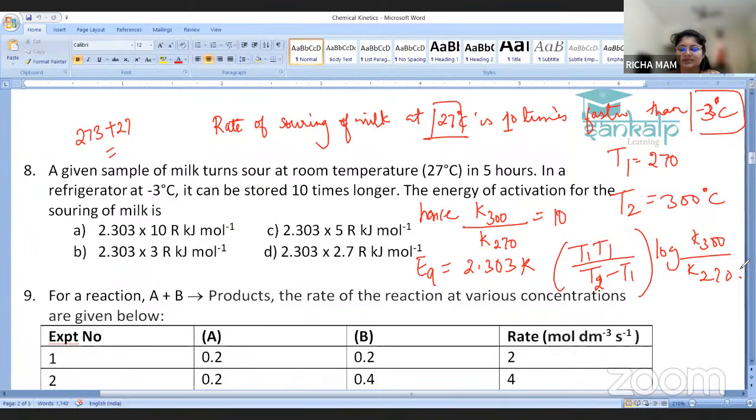Find out and tell me the answer. Yes, find out, put the values. Okay, everything we have solved.